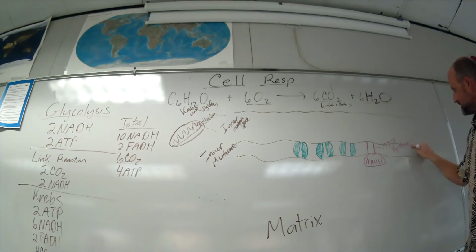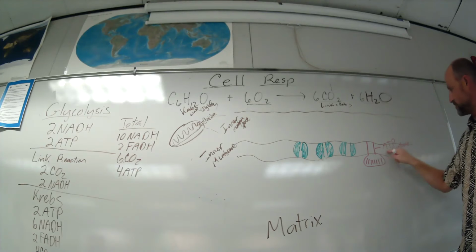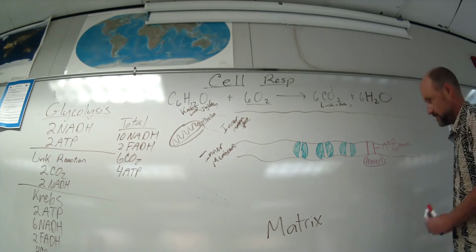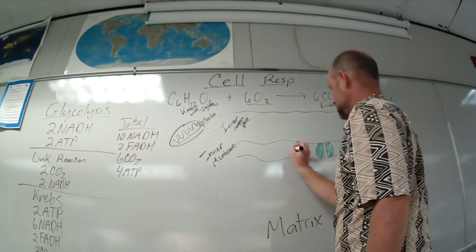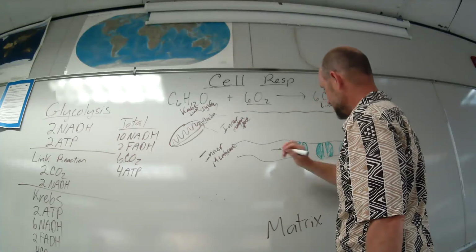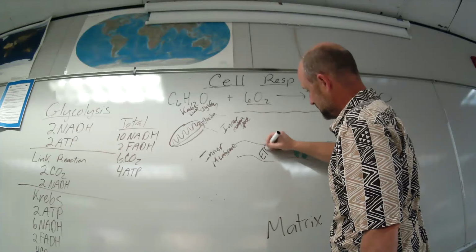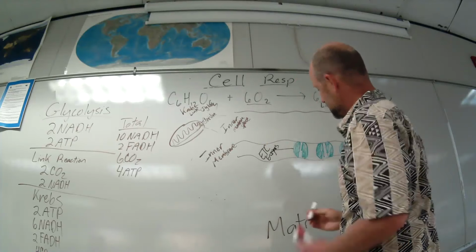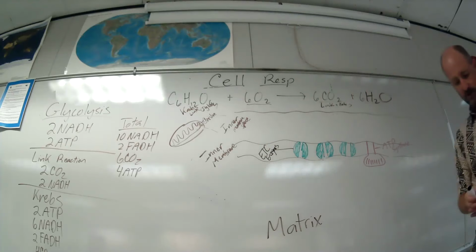Okay, so -ase means it's an enzyme. It's an enzyme that's going to make ATP. These are the ETC proteins, or enzymes. Okay, electron carriers are what they are.